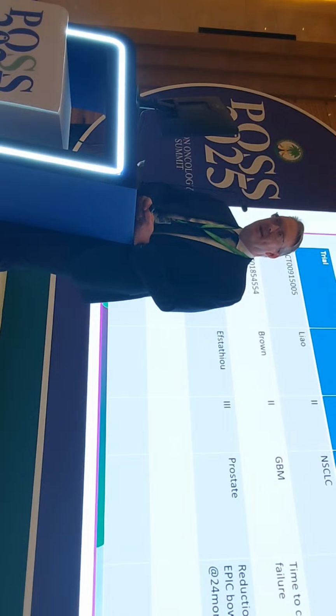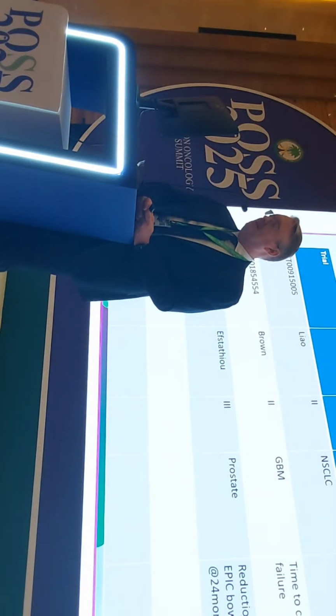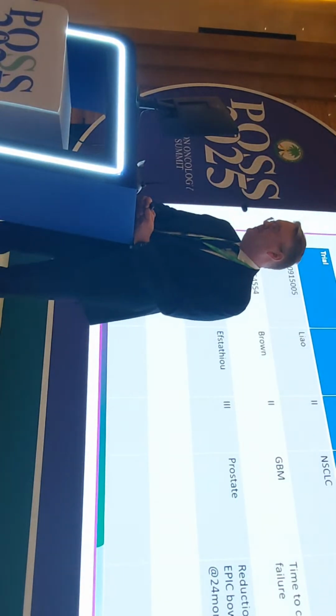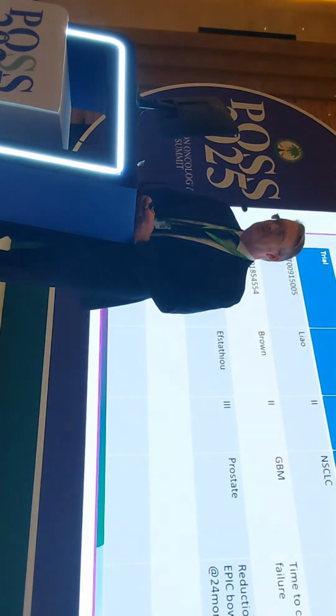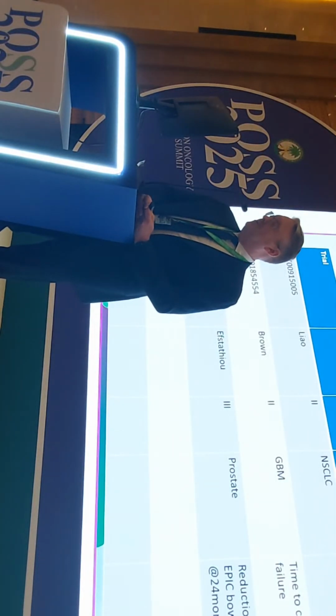We have a share of negative trials where protons are not better than photons, specifically on IMRT, one in lung cancer, one in glioblastoma multiforme, and the most recent one in prostate cancer, showing protons and photons have similar effects in those studies.